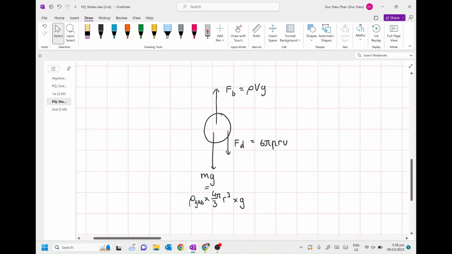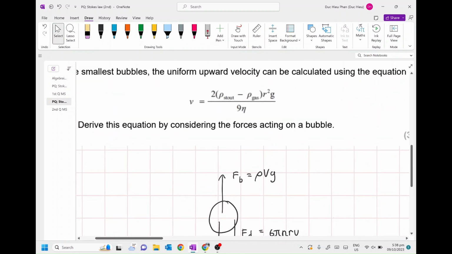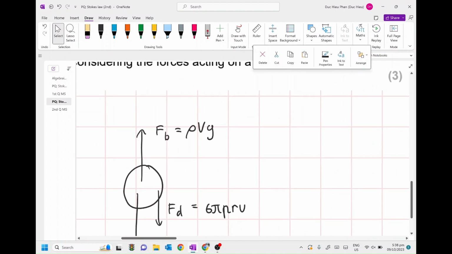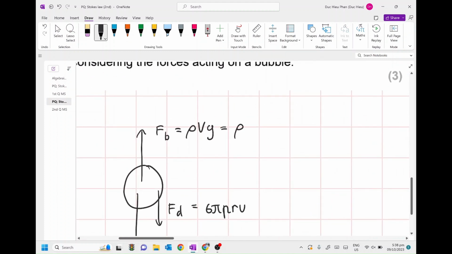And because we don't know what the volume is, we also need the density of the stout times 4 pi over 3 times r cubed, and then times gravity.